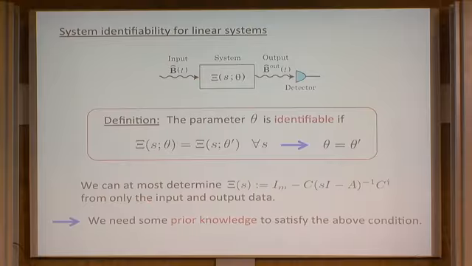We need some prior knowledge to satisfy the above condition, because without this prior information, this is the maximum information about the system, so we cannot go further to identify the system. The prior knowledge is that we know the system is a passive quantum linear system, and the omega matrix contains some parameters, and this component is 0, or this component is 0. This kind of prior knowledge is useful to estimate the parameter.